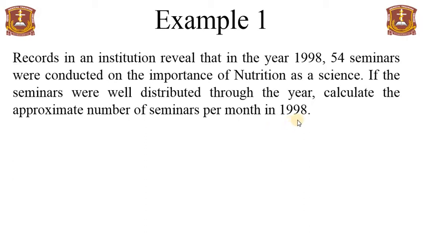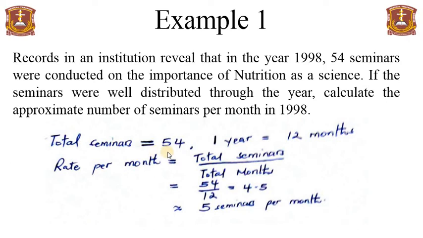that year 1998. So our main interest is actually to look at the total seminars, which is 54, and because it is distributed throughout a year, which is 12 months, then the rate per month will be the total seminars divided by the total number of months. Of course, we will get these values just directly substituted in the formula, and we find 54 over 12, 4.5.